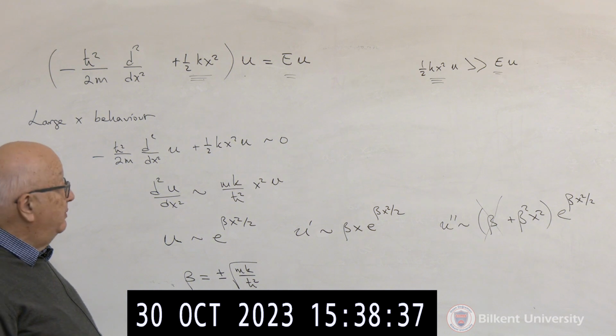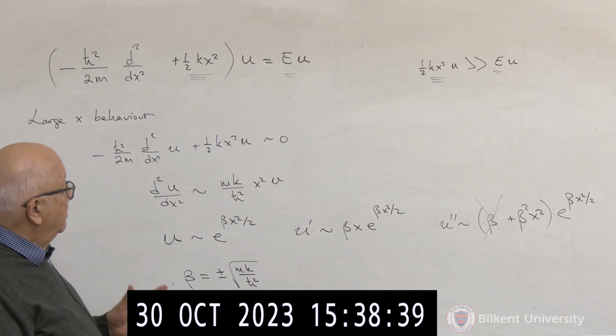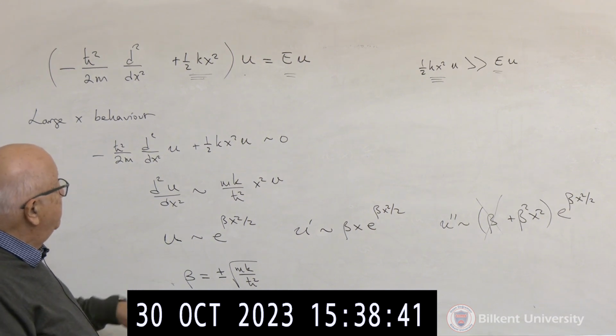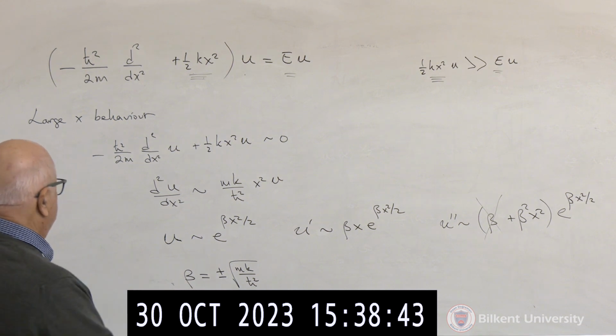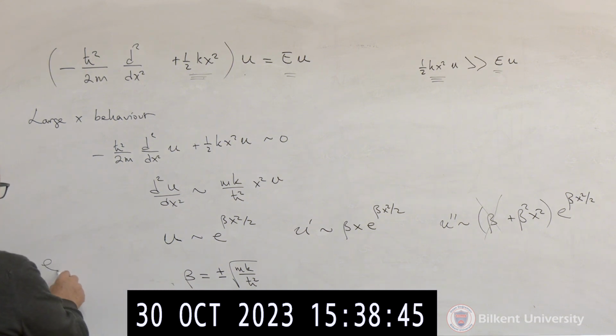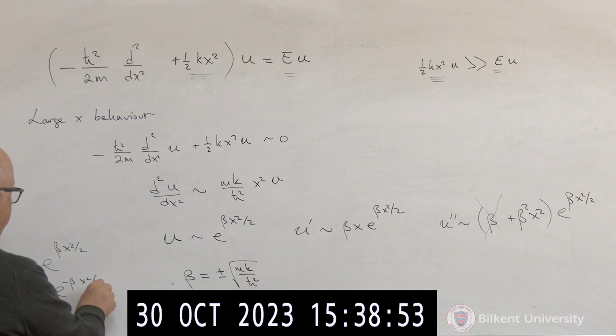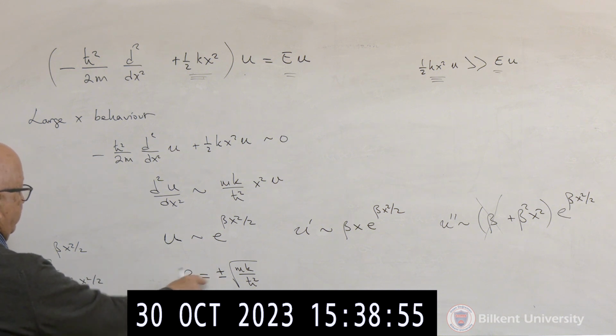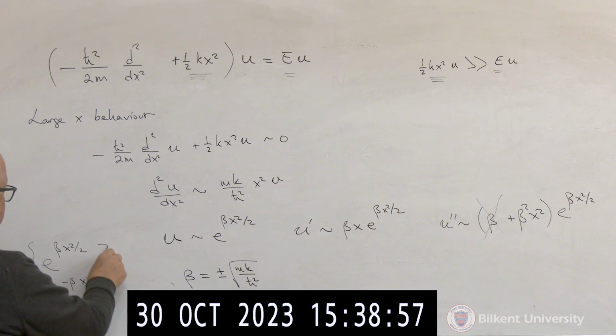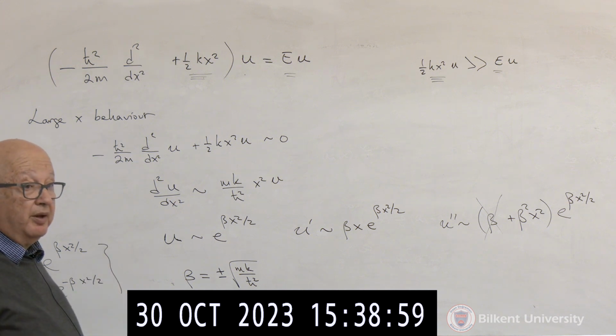So in the large x limit, when x is very large, the function behaves like a linear combination of e to the beta x squared over 2 and e to the minus beta x squared over 2. If I choose the plus beta here, it's going to be a linear combination of these things.